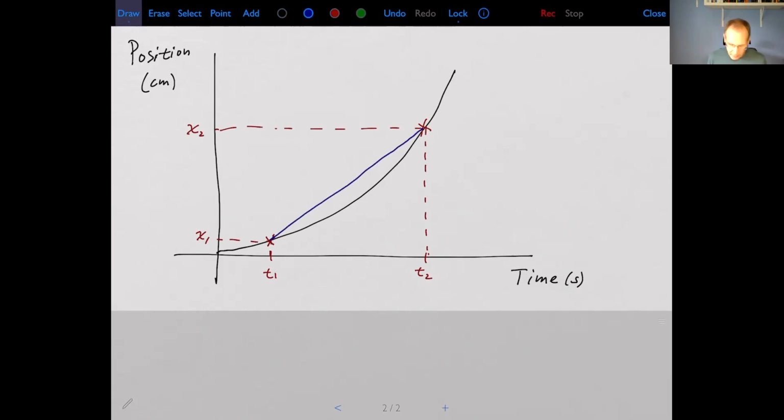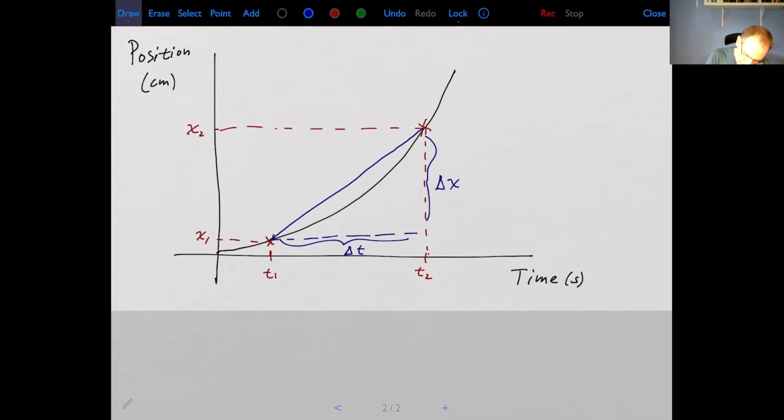And then it turns out that the slope of that secant line would be delta x from here to here, over delta t, from there to there. So the slope of that secant line is going to be the average velocity over that time interval from t1 to t2.